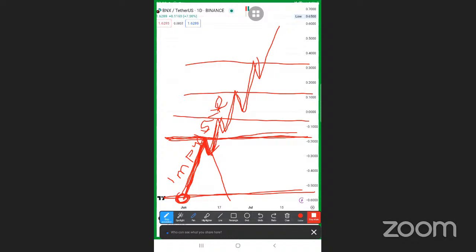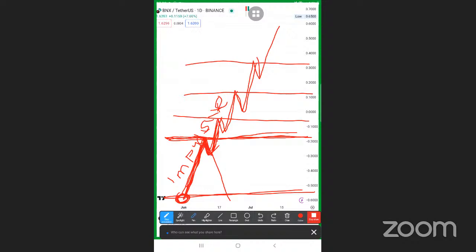So these moves of going up, going up, going up are called impulsive moves. What about these moves that are coming down? They are called retracement. That's why, if you remember, I said that there is a difference between retracement and reversal when we were talking about market reversal signals.